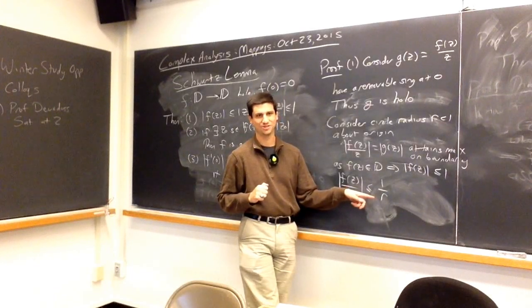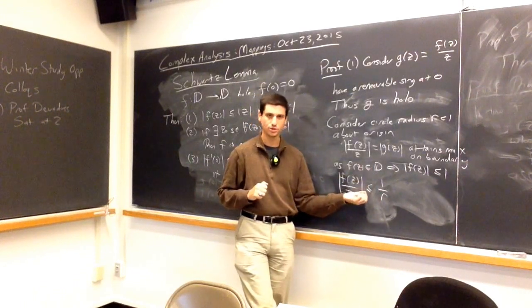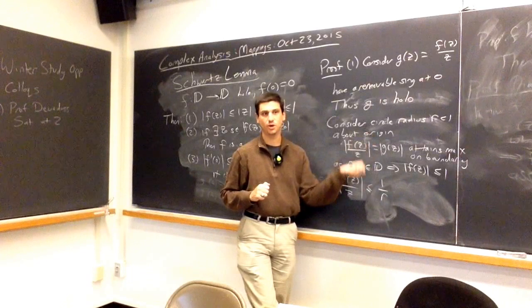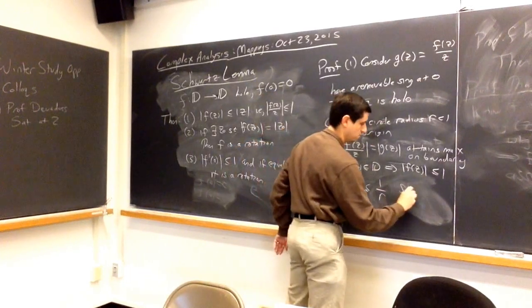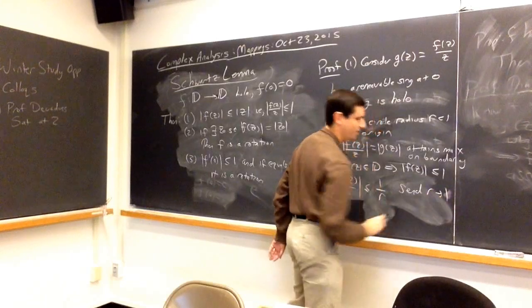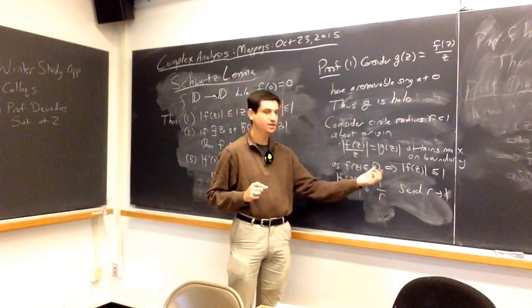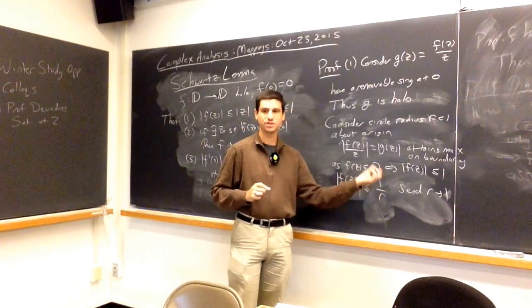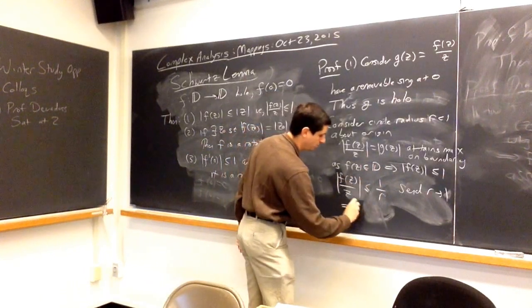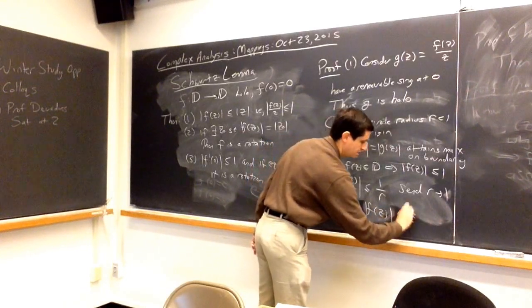So what do we do? For any value of r less than 1, this is true. We send r to 1. So if we send it to 1, then we get f of z over z is less than or equal to 1, so f of z is less than or equal to z.